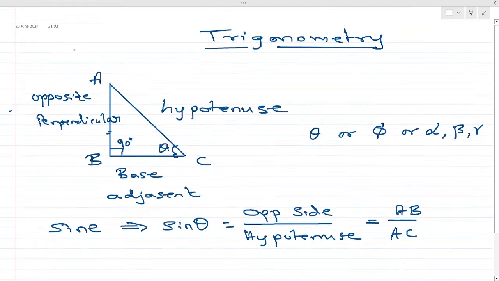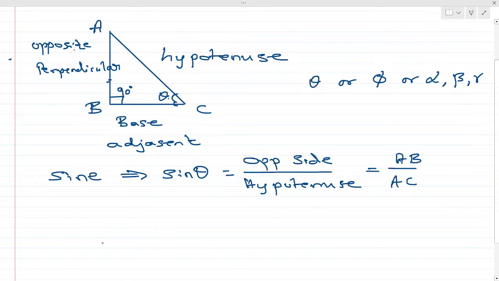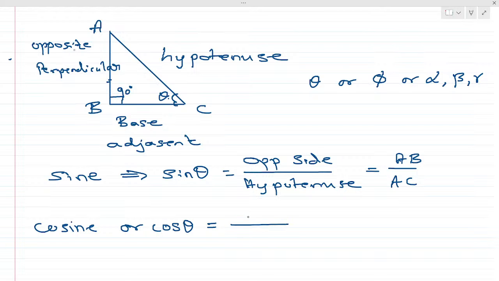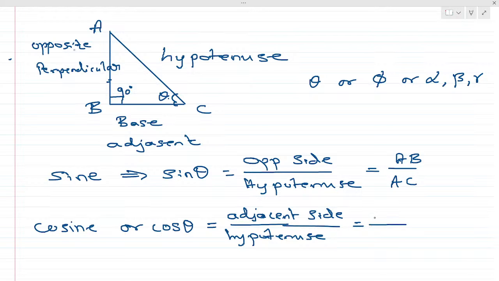Similarly, the next ratio is cosine, or cos of angle C or cos of angle theta, which is adjacent side divided by hypotenuse. So that will turn out to be BC divided by AC.